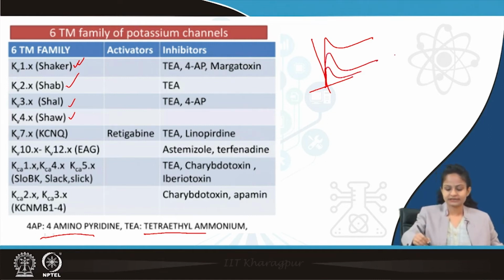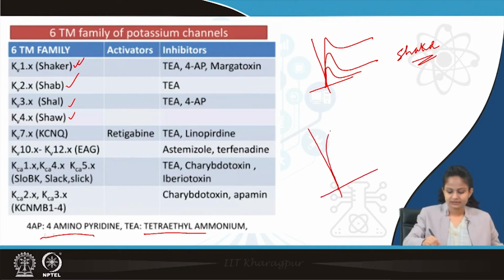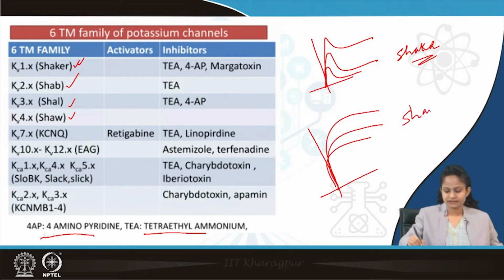The very common example is Shaker, while in Shaw we have delayed response potassium channels, so these are slow activating or delayed activating potassium channels. So, whether they act rapidly or slowly decides the various names given. What we have to remember are the blockers of the voltage gated potassium channels, that is tetraethyl ammonium and 4-aminopyridine.